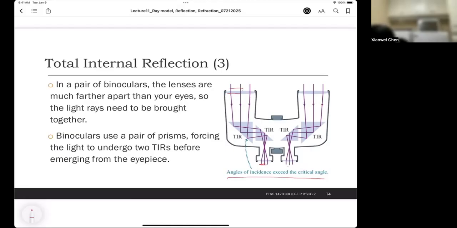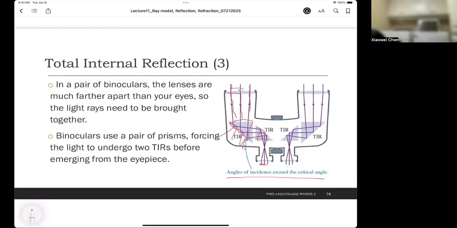But binoculars use a pair of prisms, forcing the light to undergo TIR before emerging from the eyepiece. When the light comes through the prism, you don't want the light to go in this direction, am I right?